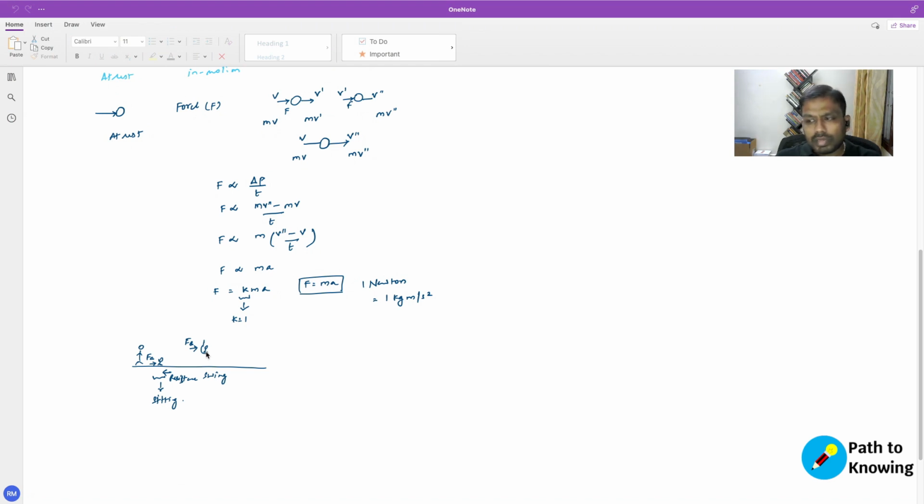So the point here is that to really alter the inertia, or to change the velocity of an object, your net unbalanced force, right, has to be non-zero for you to change the velocity of that particular object.